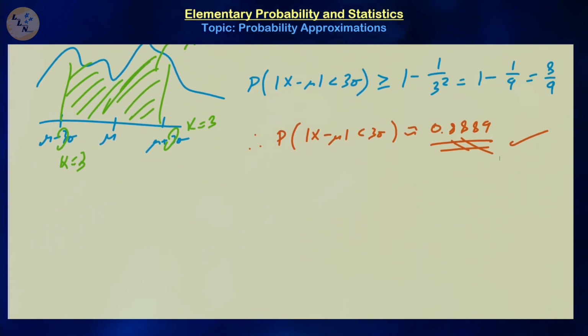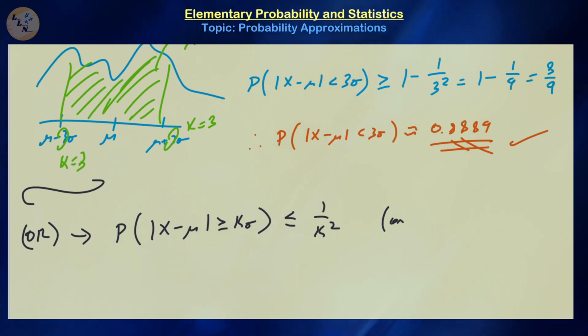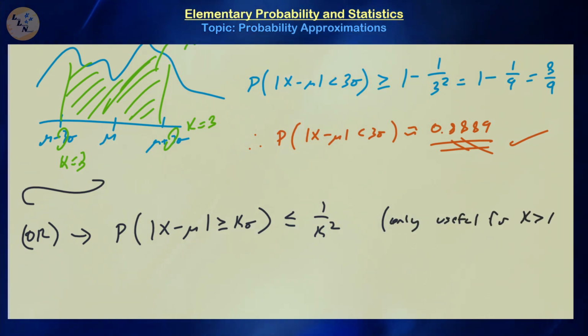Now, what if we want the complement of this, right? So one can also phrase Chebyshev's theorem from that perspective. So what's the probability that you're more than k standard deviations from the mean? So one can easily show that's just going to be 1 over k squared, right? So keep in mind, this is only useful for k bigger than 1.